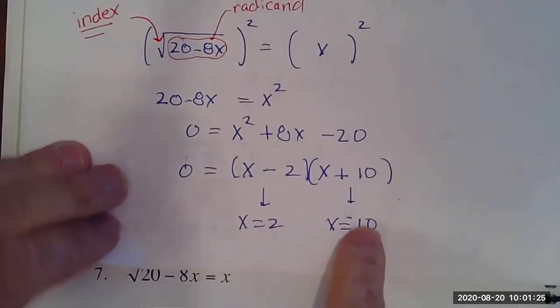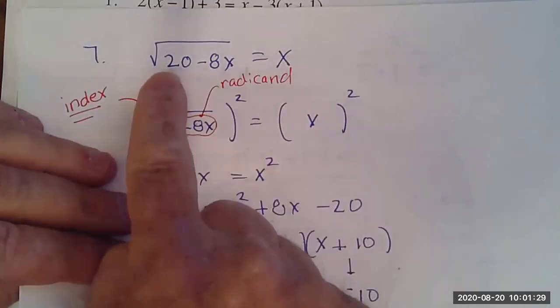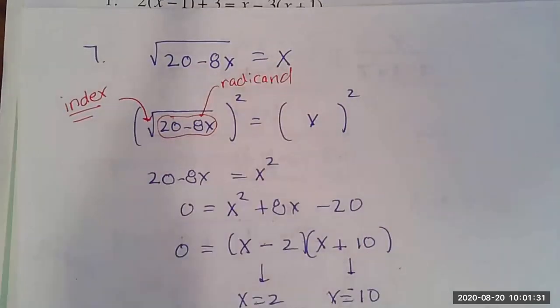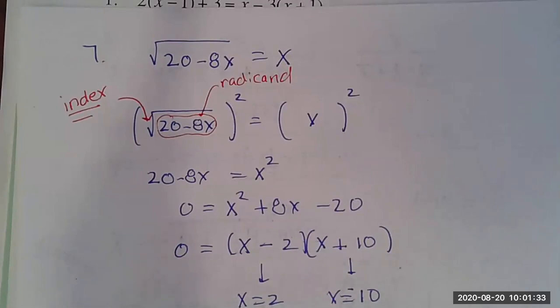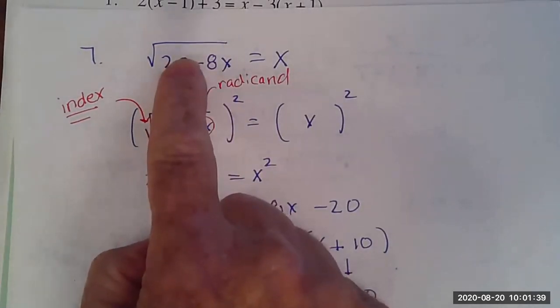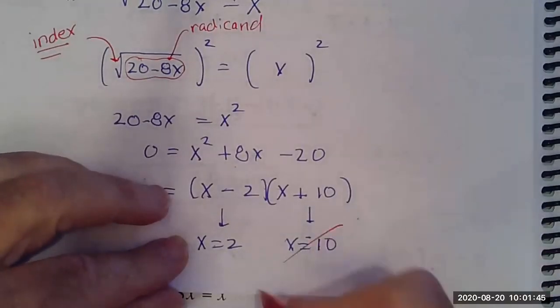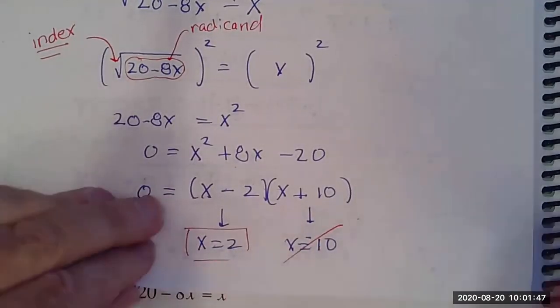Think about this negative 10. If I put negative 10 right there, how can a square root of anything become negative 10? That's impossible. Just like the absolute value can't be negative. It's called the principal square root. It can only be positive. This will not work. This one will be the only one that works.